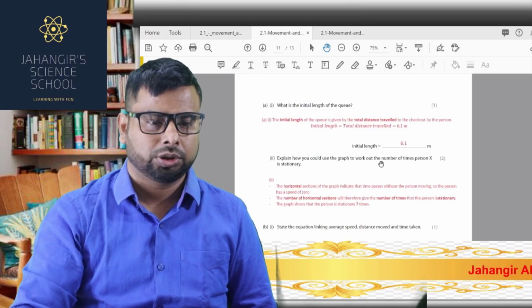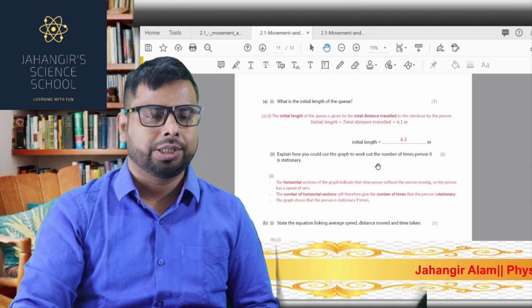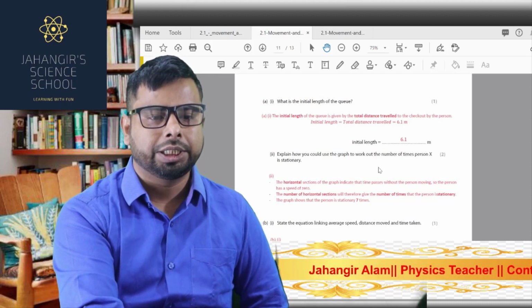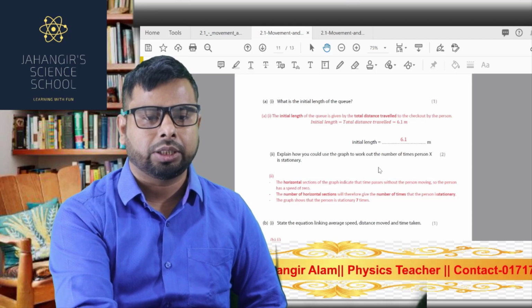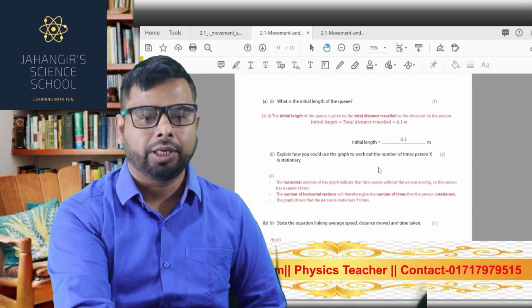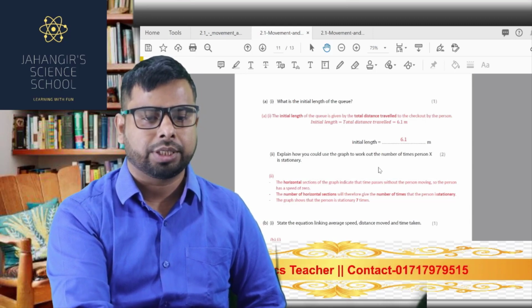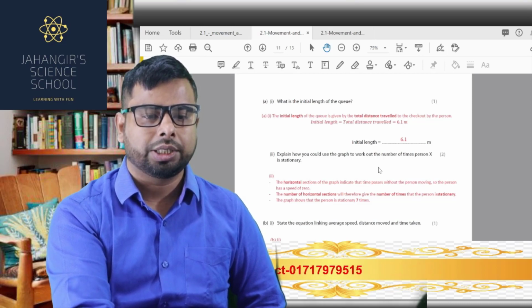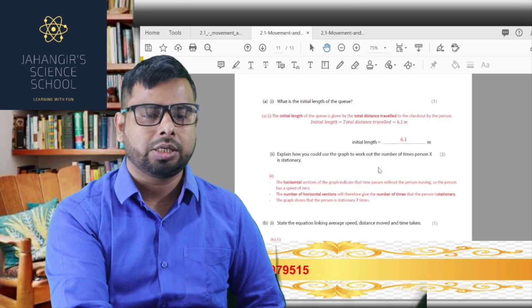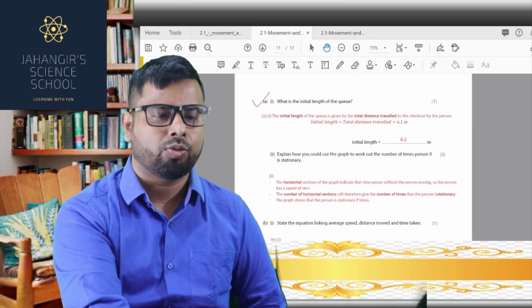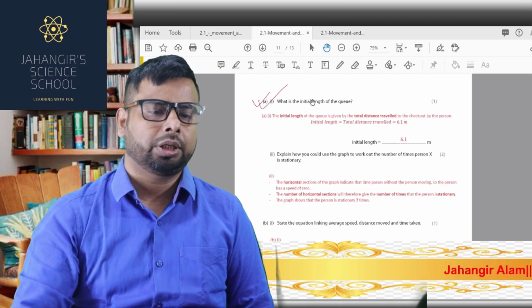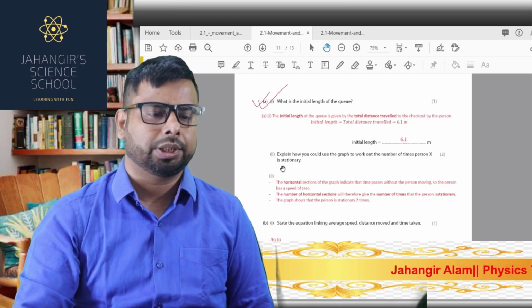The initial length of the queue is given by the total distance traveled to the checkout by the person. The initial length is the total distance traveled, 6.1 meters.